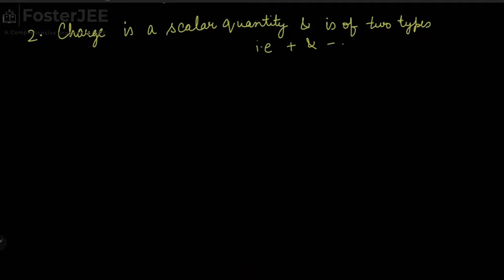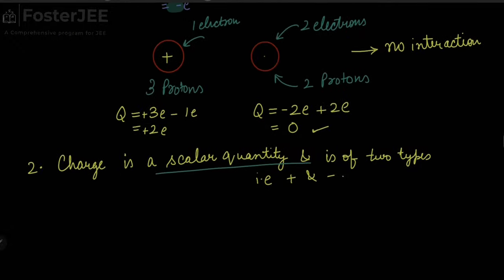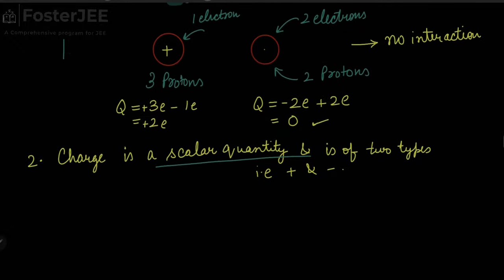What does it mean that the charge is scalar? What we have done in this particular illustration, on putting first initially 3 protons and then 1 electron, the charge will simply add up without any direction, like we do in vectors.